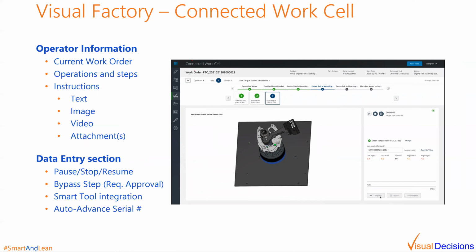You can actually connect to the tooling and capture all that data automatically, instead of having people write that down on paper or just have it be lost over time. That is another huge advantage to being able to put these visual controls in place so that you can drive that standard work, so that you can have people actually run the process the same way. You can put a new worker out there and they can run the process like an established veteran.